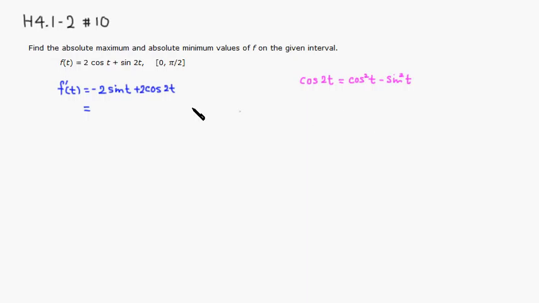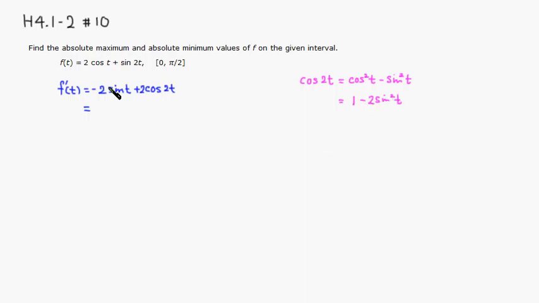Since this term is written in terms of sine, I'm going to turn this into sine. So cosine squared would be 1 minus sine squared of t. Then you have another minus sine of 2t, so sine squared of t. So make that 2.